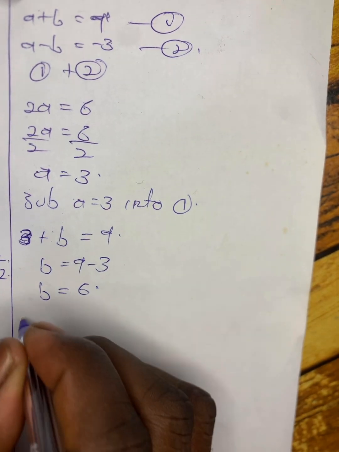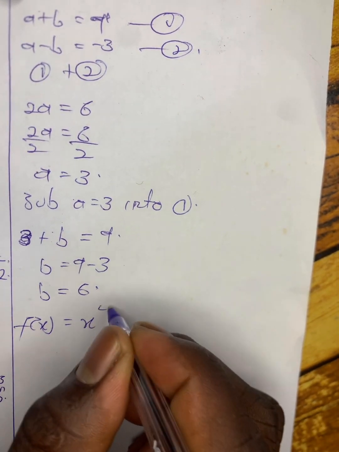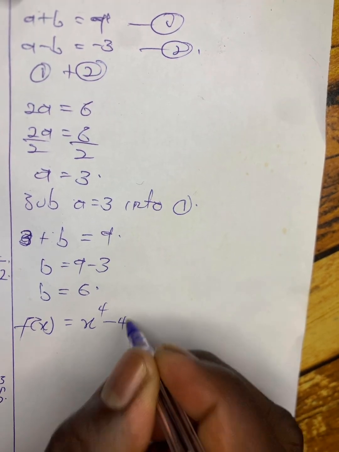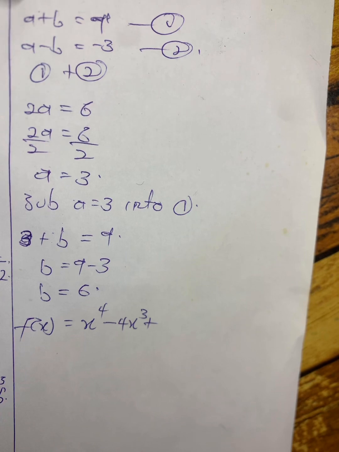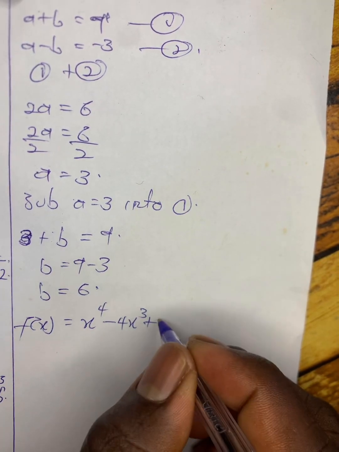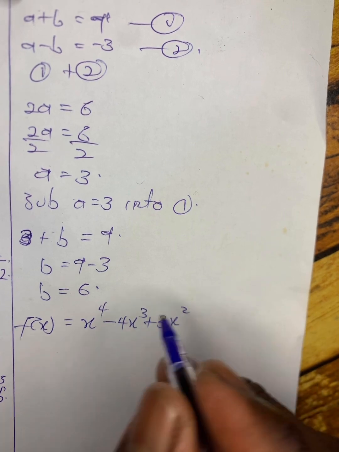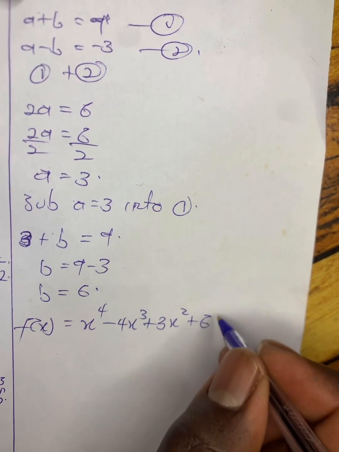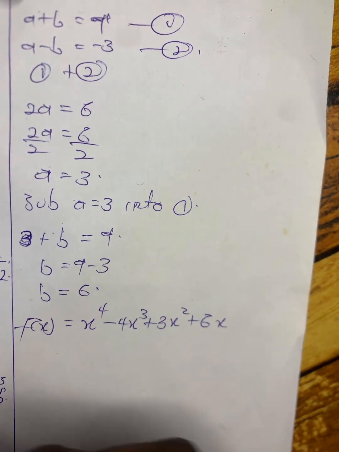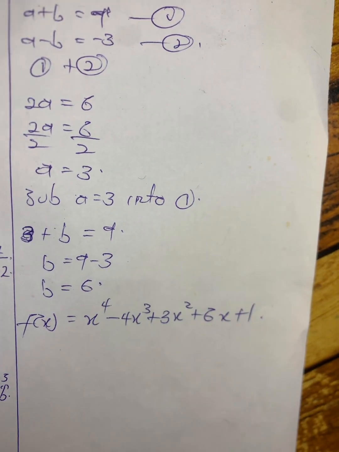So our polynomial f(x) is now equal to x^4 - 4x^3 + 3x^2 + 6x + 1, as our polynomial.